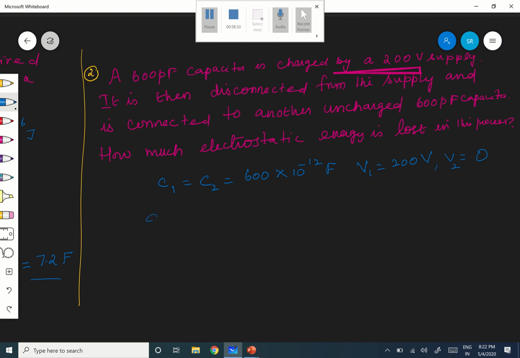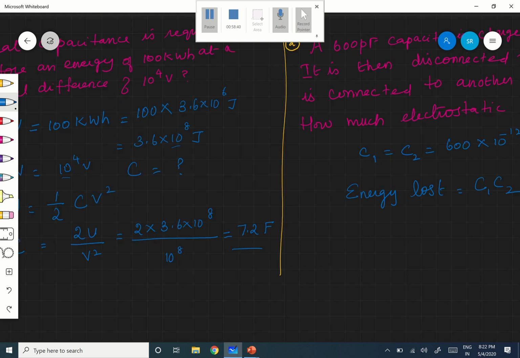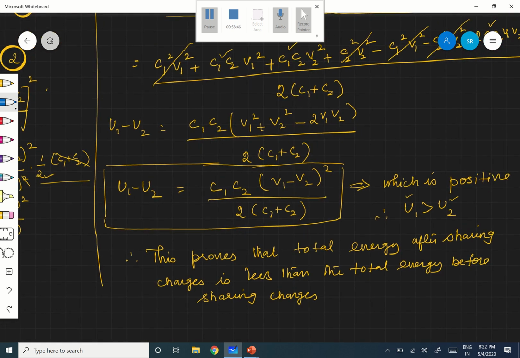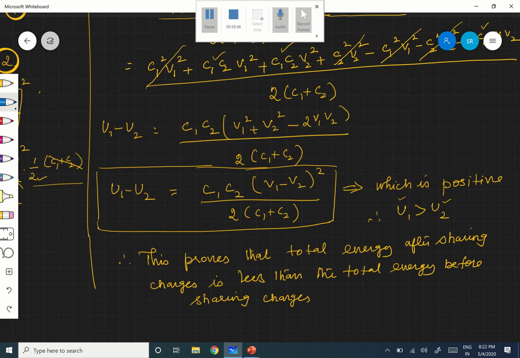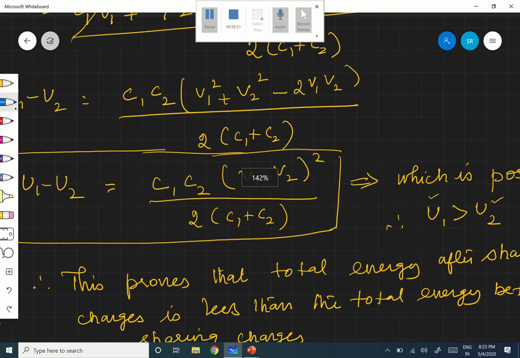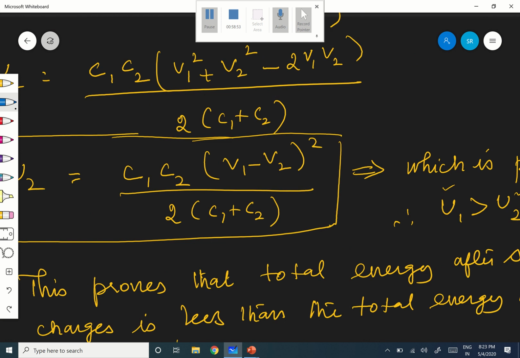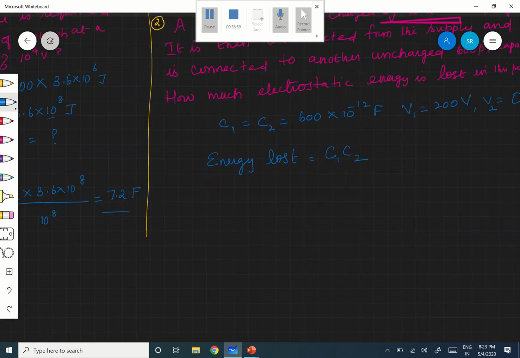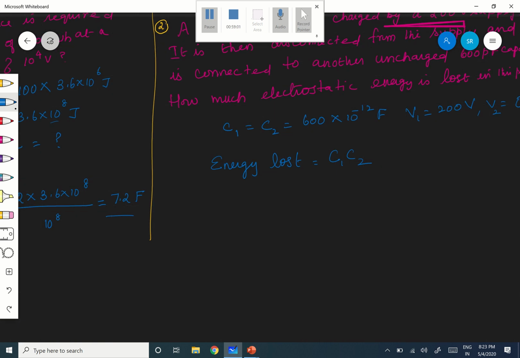What is the energy lost? What is the formula? Energy lost is C1 C2 into V1 minus V2 the whole square divided by 2 into C1 plus C2.